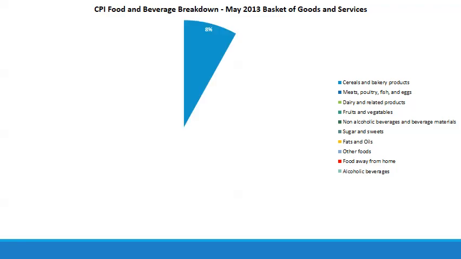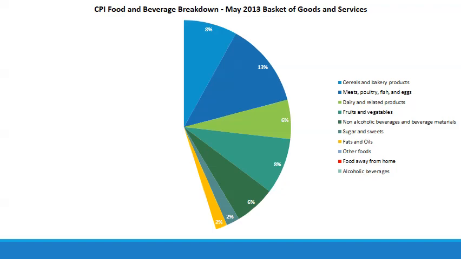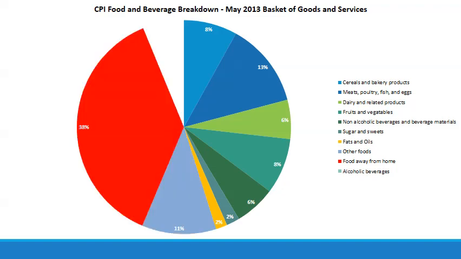So 8% of that is cereals and bakery products, but 13% is meats and poultry, fish and eggs. And then we start to get down into the different categories as we look at how we're spending that 15% on food and beverage. But the overwhelming majority of it goes towards food away from home, so eating out. So when you look at the average American consumer, 38% of that 15% just goes towards eating out.